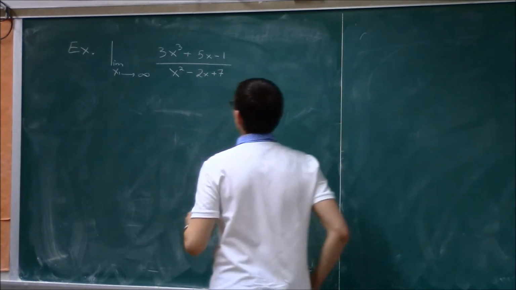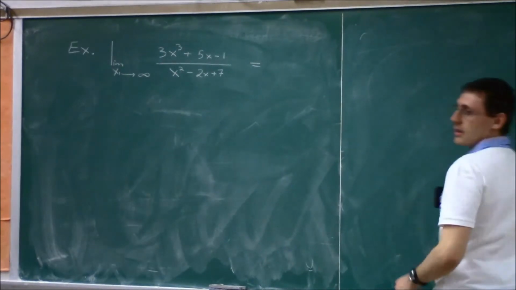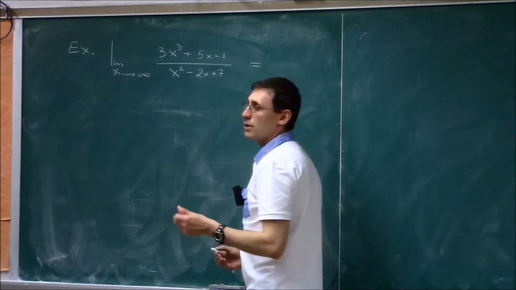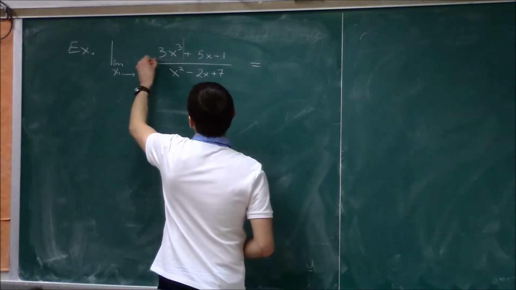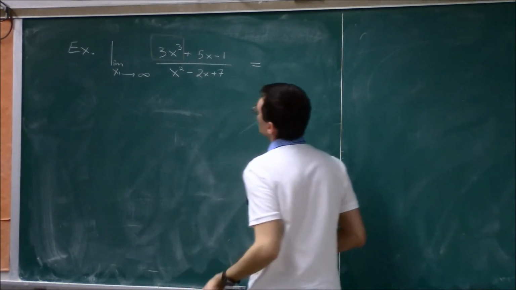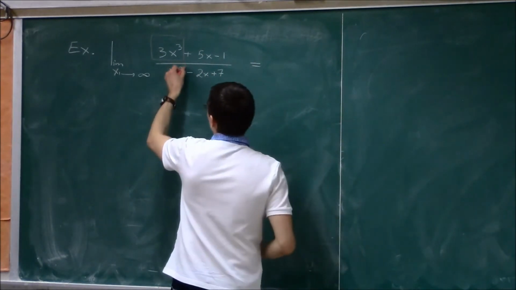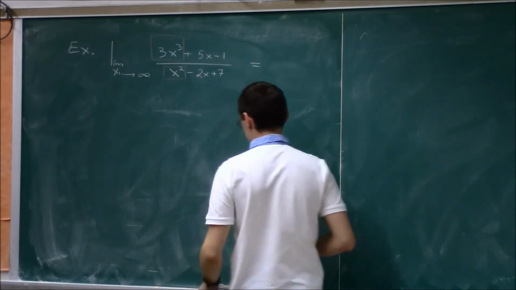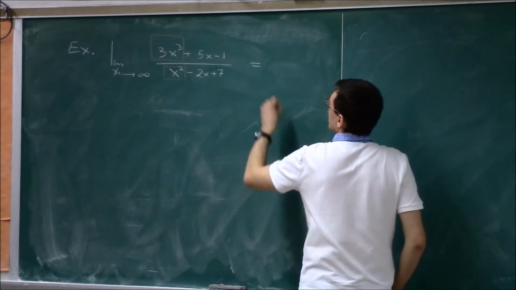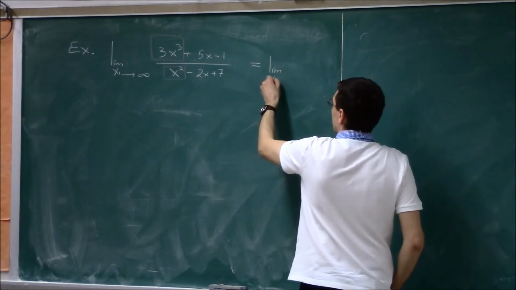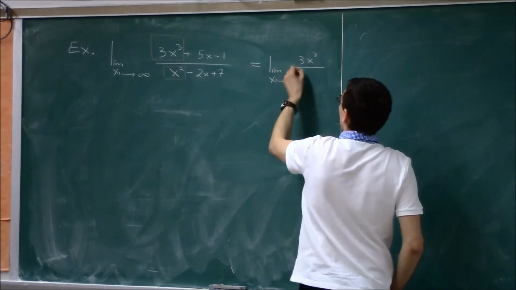When you just need to figure out what it is, this is almost effortless. What do we do? Take the first coefficient next to the main term. So always take not only the coefficient, but also the x power. In this case, that's just x squared. So we have 3x cubed over x squared. So this is the same as the limit as x goes to infinity of 3x cubed over x squared.